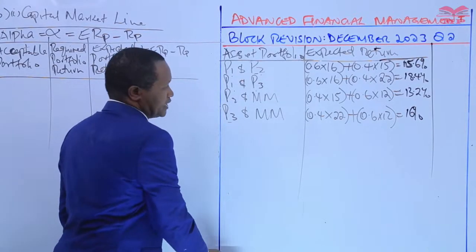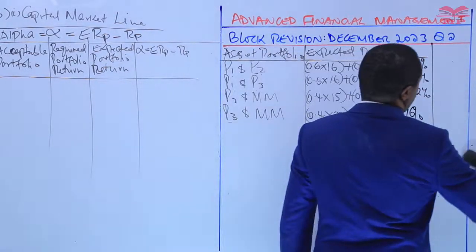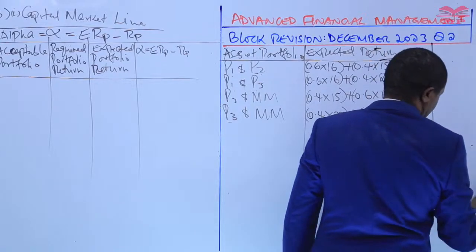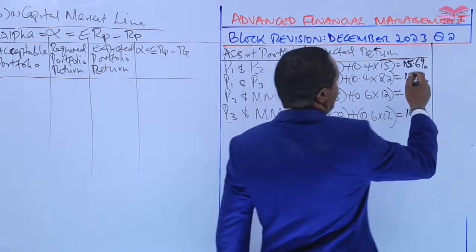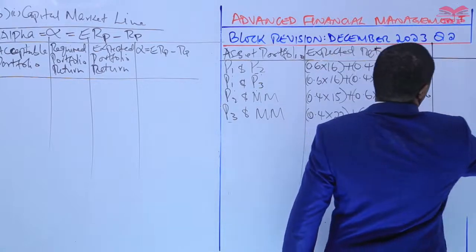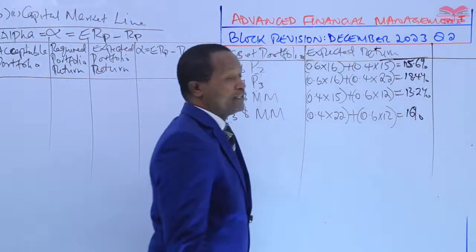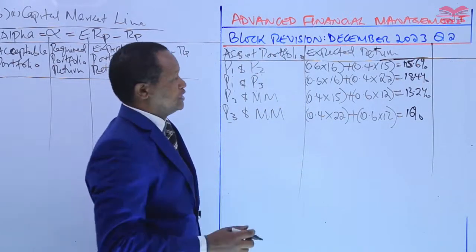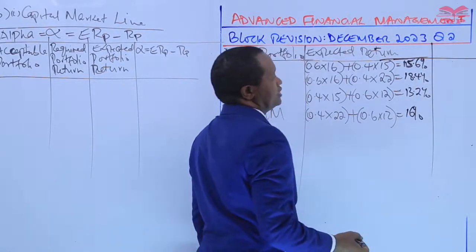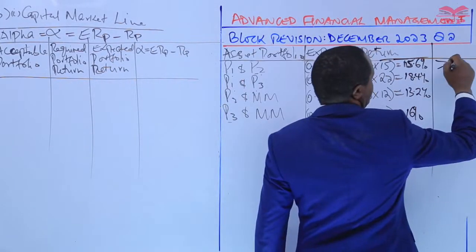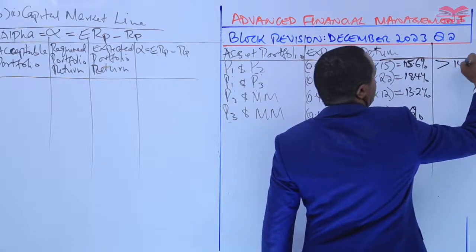So we need to make a decision, which one are we going to analyze? And remember, we say that CML only analyzes efficient portfolios, and the benchmark is the 14%. So you can see this one here, 15.6% is greater than 14%.